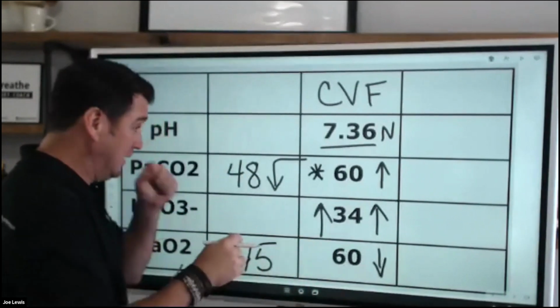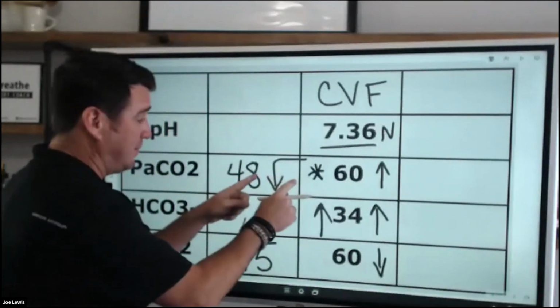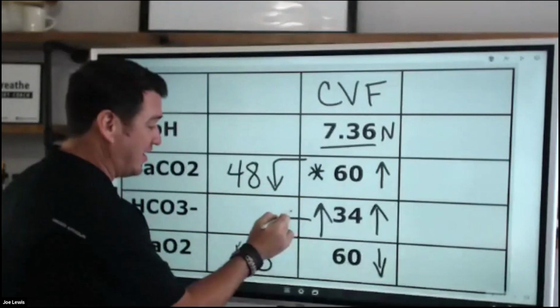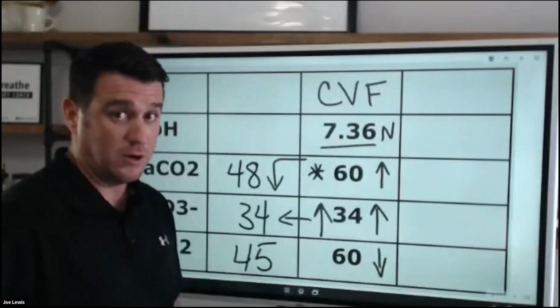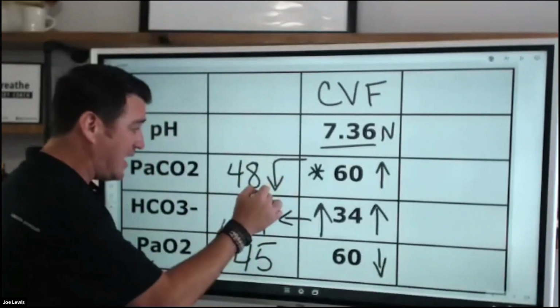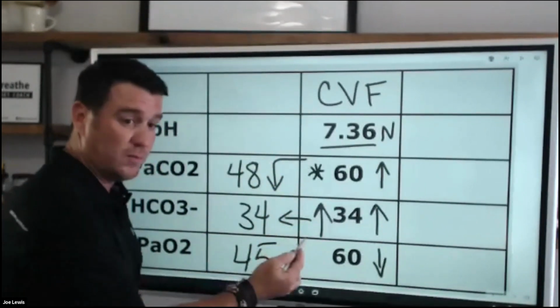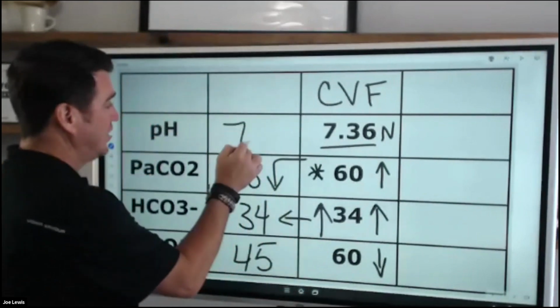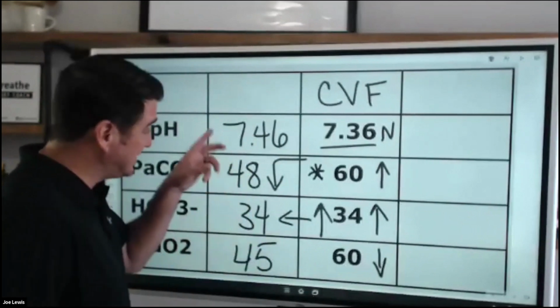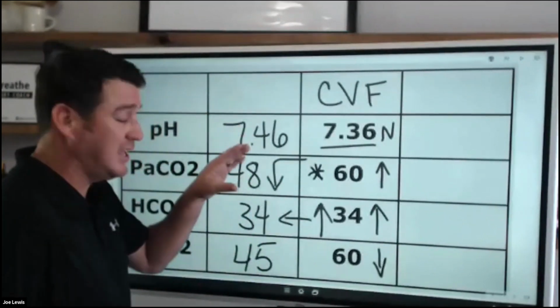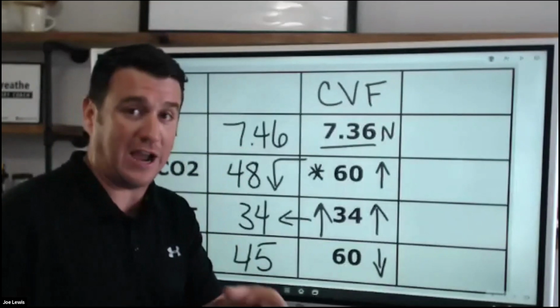Now, because this is an acute problem happening here, bicarb, once again, is going to remain normal. Anytime CO2 goes down and bicarb remains normal, your pH will go up. This is the exact scenario and the definition that we gave to acute alveolar hyperventilation.